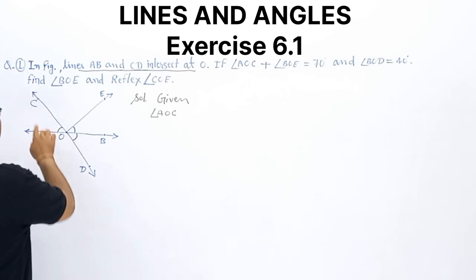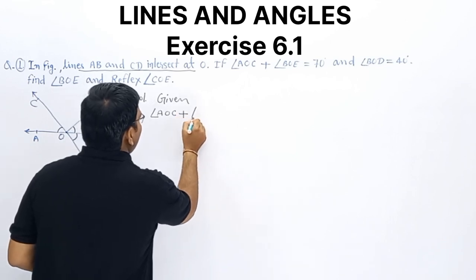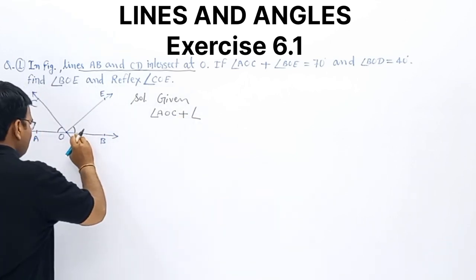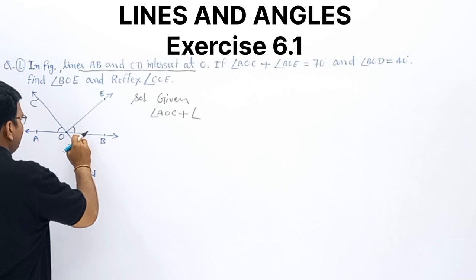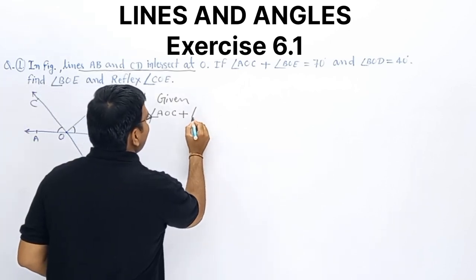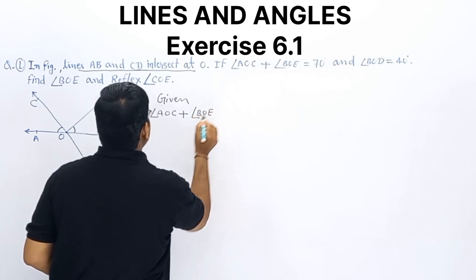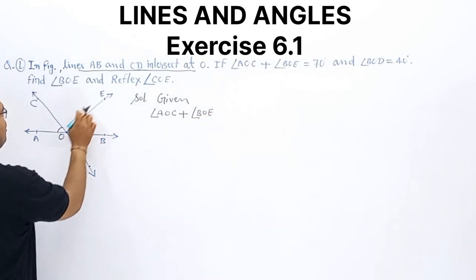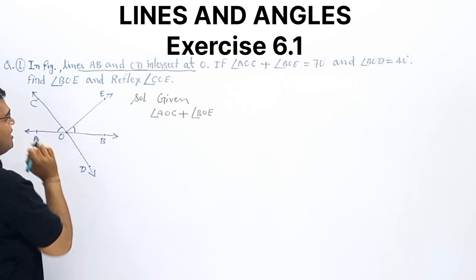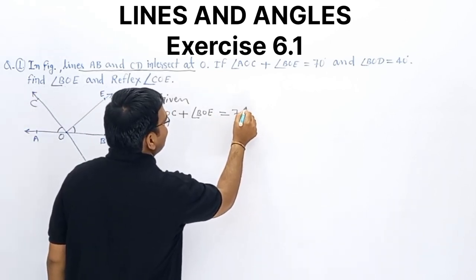Clear? Angle AOC plus angle BOE. I am doing this roughly. Where is the BOE? This angle. The sum is 70 degrees. It is given in the question.